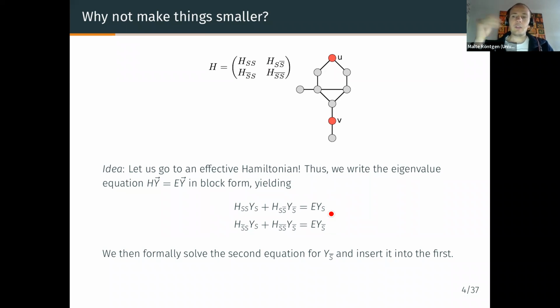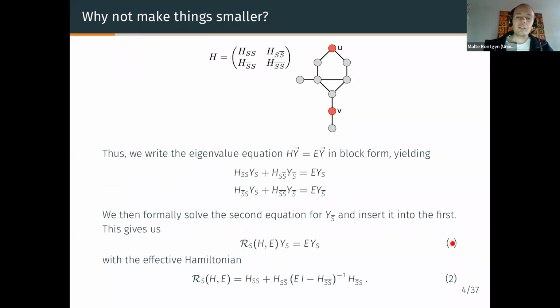Now we want to get rid of this annoying S bar stuff because the parity exists only on S. So we can solve the second equation for Ψ_S bar and insert the resulting expression into the first one. If we do this, we arrive at equation 1 here with this effective Hamiltonian defined here.